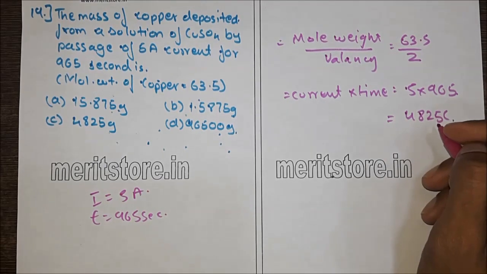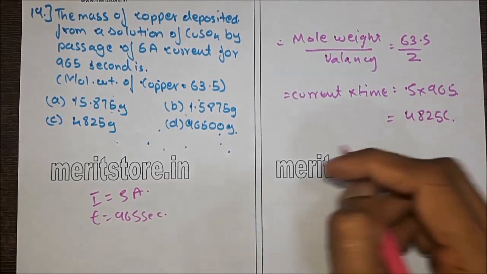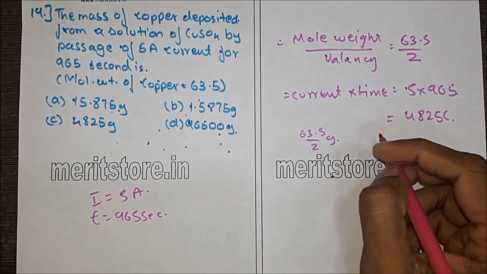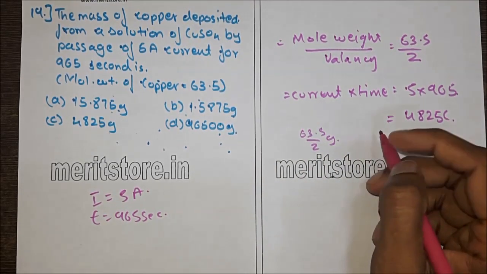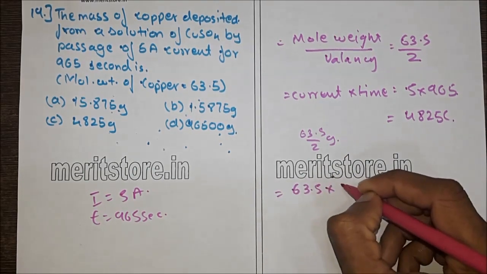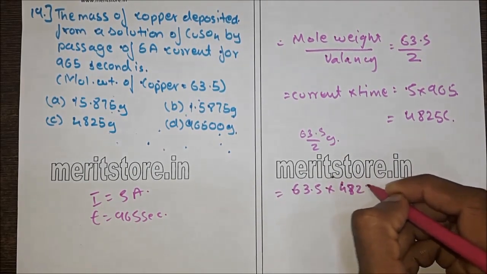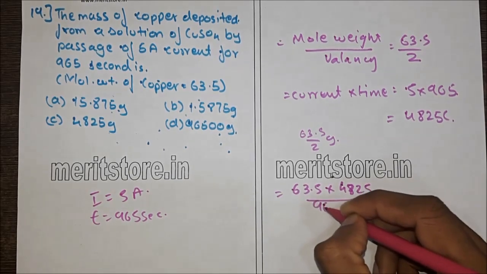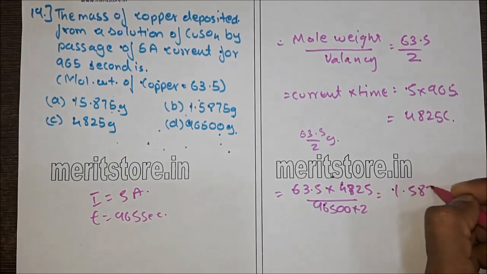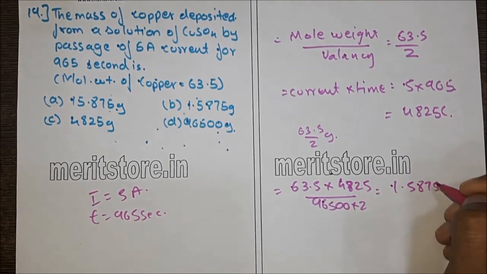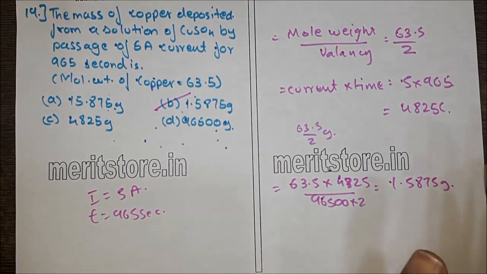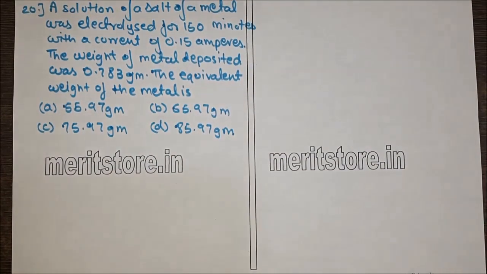Since 96,500 coulomb will deposit 63.5 upon 2 grams of copper, therefore 4,825 coulomb will deposit 63.5 into 4,825 upon 96,500 into 2, which is equal to 1.5875 grams. For this, we see answer matches option B, therefore option B is the correct answer.